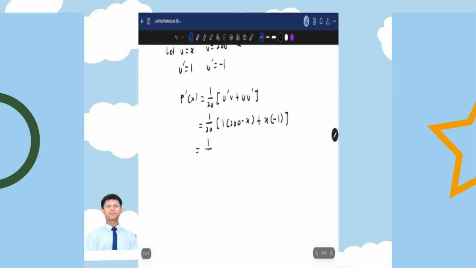Then we will get 1 over 20 times (200 minus x minus x), and there we will get 1 over 20 times (200 minus 2x). So here's how we differentiate to get 1 over 20 times (200 minus 2x).